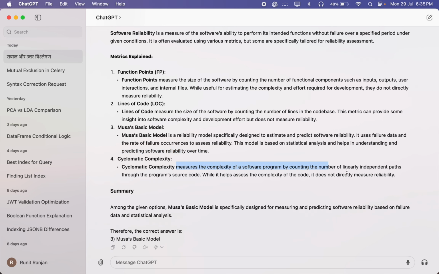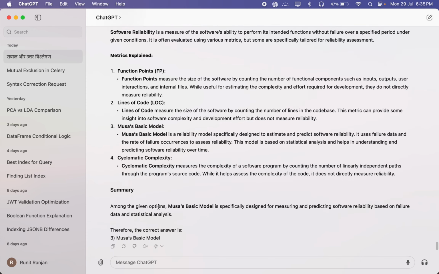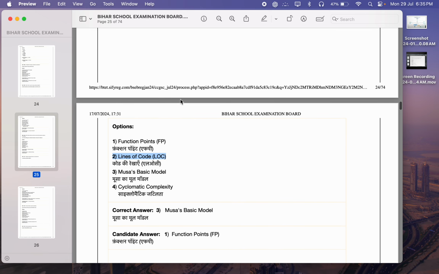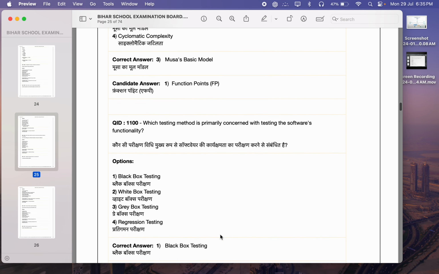Cyclomatic complexity measures the complexity of a software program by counting the number of linearly independent paths through the program source code. While it helps assess the complexity of the code, it does not directly measure reliability. So that is the complexity of a software program. Okay, so the answer was Musa basic model to check the reliability of your model.